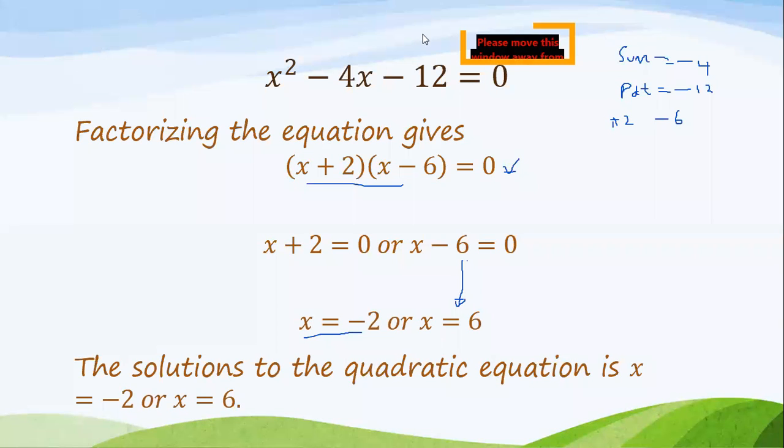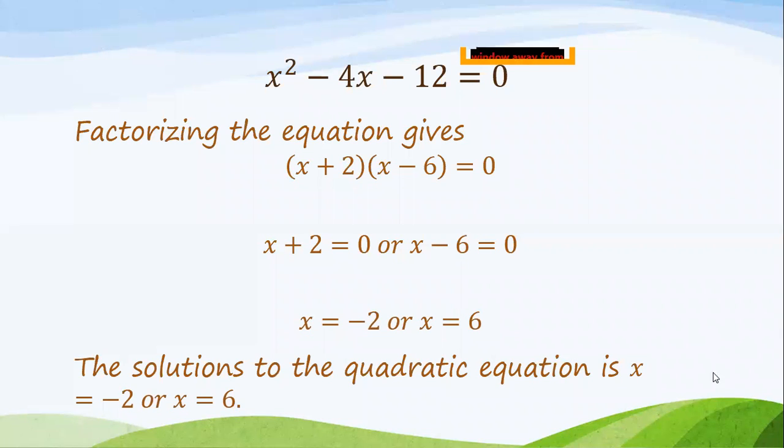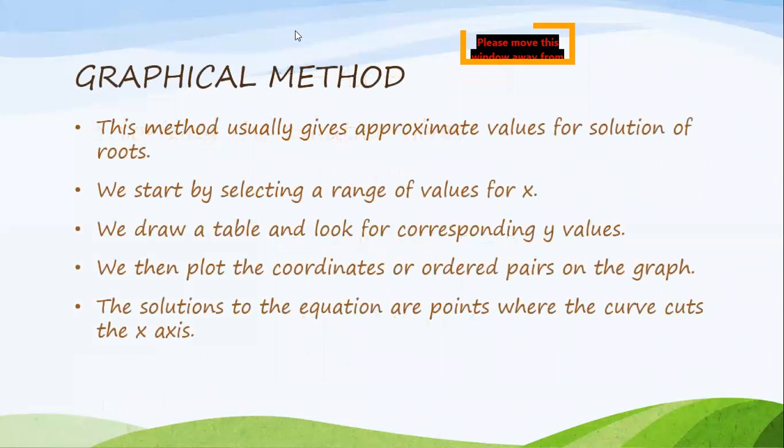And having that, we can now look at another method, which is the graphical method for solving quadratic equations. In the graphical method, the method gives approximate values for the solution. So we start by selecting the range of values for x for the given equation.